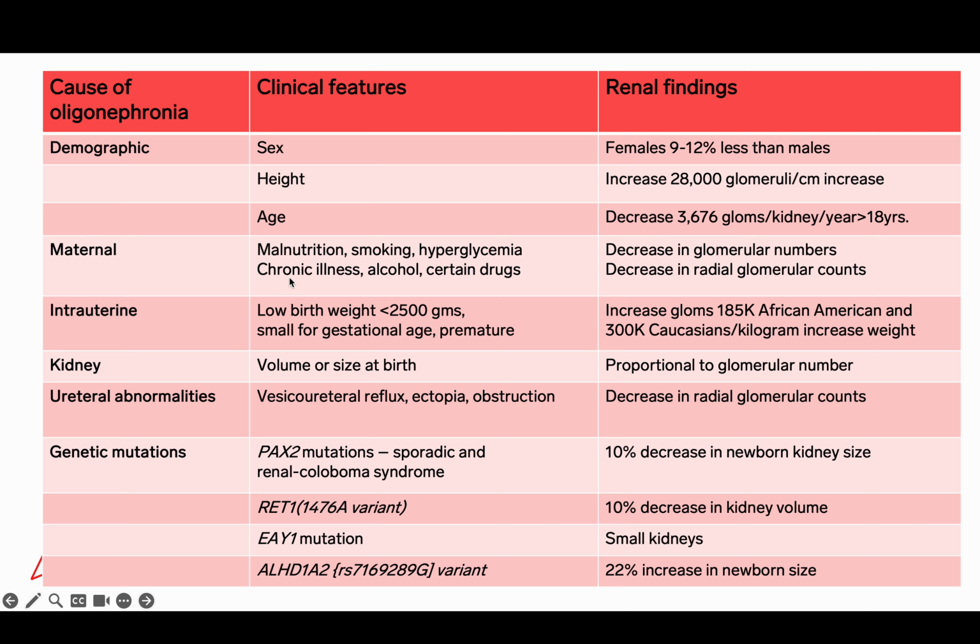There are very important maternal and intrauterine causes listed here, in which we have decreased glomerular numbers and decreased radial glomerular counts. Ureteral abnormalities, as I previously discussed, and a number of mutations have been shown to have varying degrees of reduced glomerular number, from 10% up to 20% as listed here.